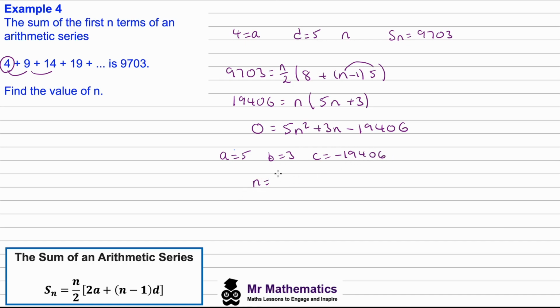So n will be equal to minus 3 plus or minus the square root of 3 squared minus 4 times the 5 times the C value, negative, all divided by 10. And when I work this out on my calculator, the positive value of n is 62.